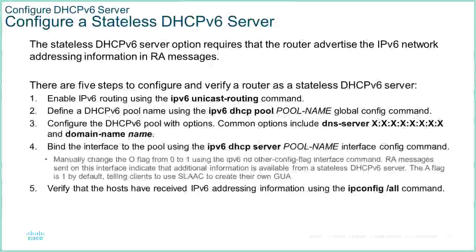In IPv6, we don't have routing protocols running in global mode. We have them engaged on an interface by interface basis. So we've got to engage our DHCP pools on a per interface basis, just like we do with the routing protocols.